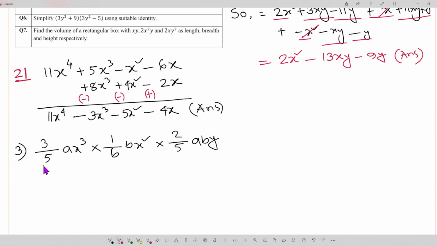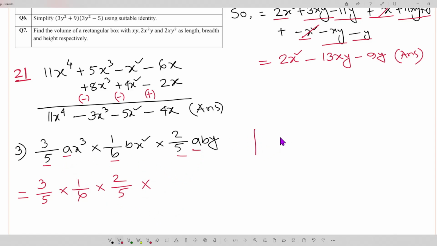Look, these are constant, so we can keep one side. So 3 by 5 times 1 by 6 times 2 by 5 times, here is a, here is a.